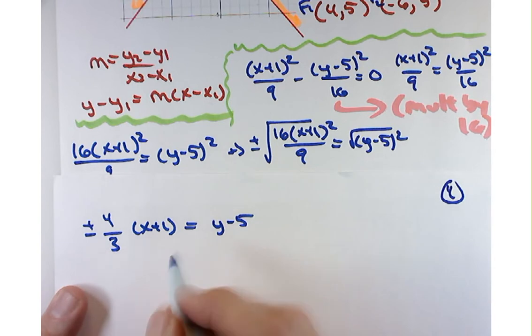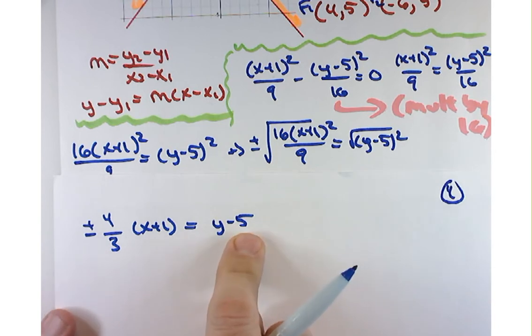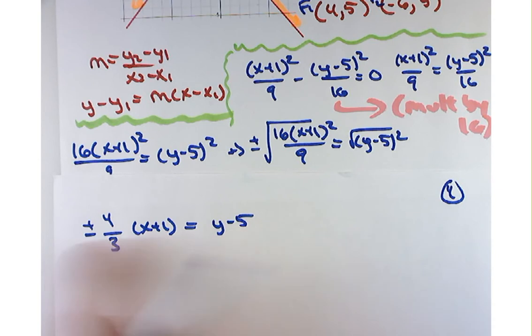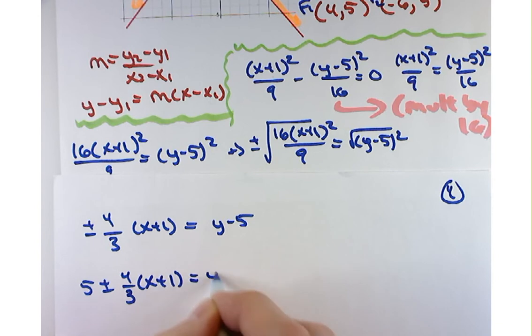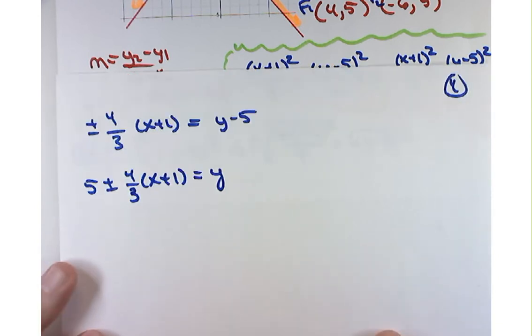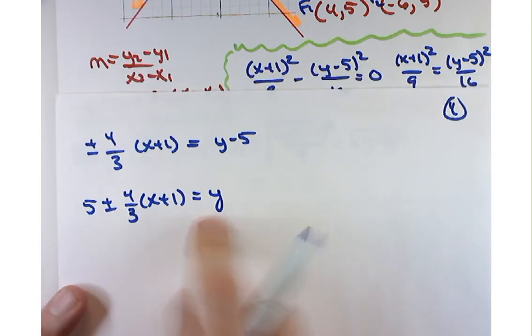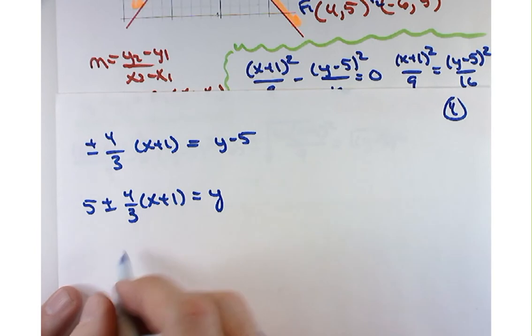Well, I'm almost done. What do I have to do to get y by itself here? Yeah, move 5 to the other side. So it's 5 plus or minus 4/3 times (x plus 1) equals y. So there's your two equations. I might write it a little differently.